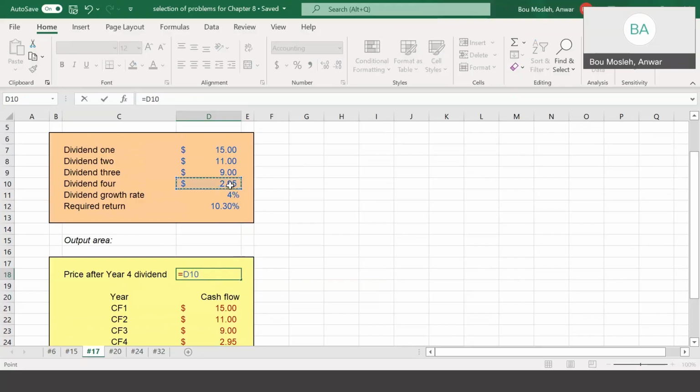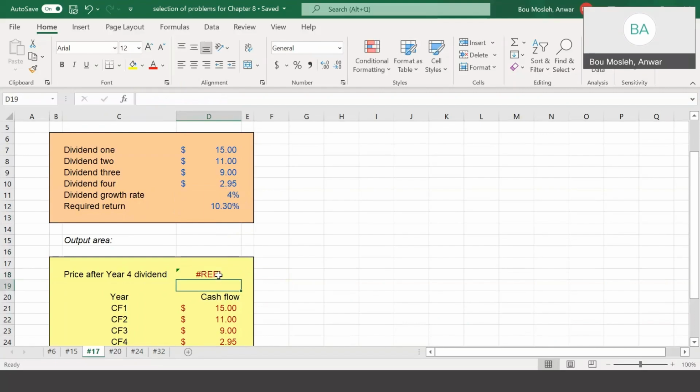So here, D4 times 1 plus the 4%, that's D5. D5 over R minus G would give me the price in period 4.